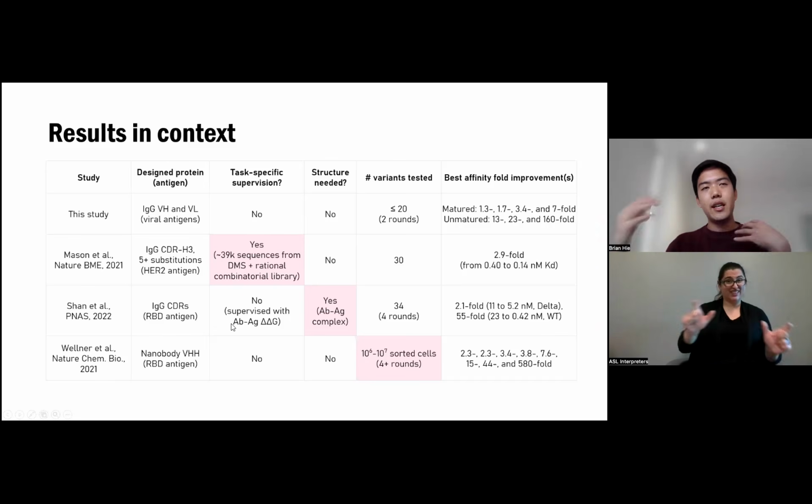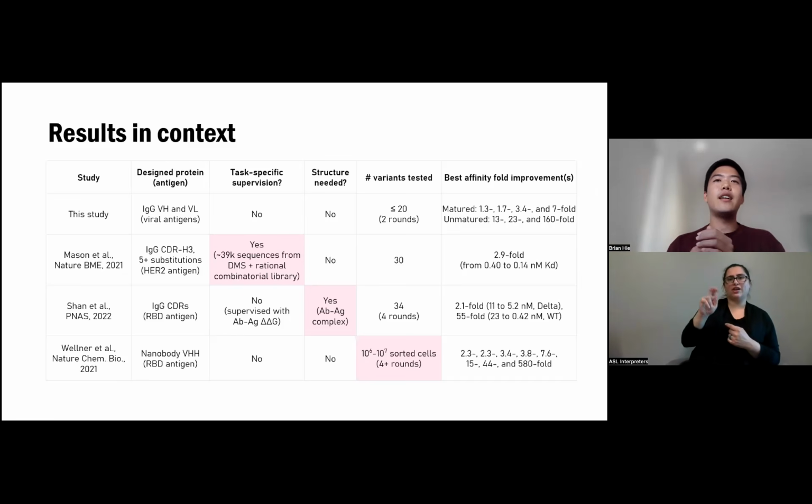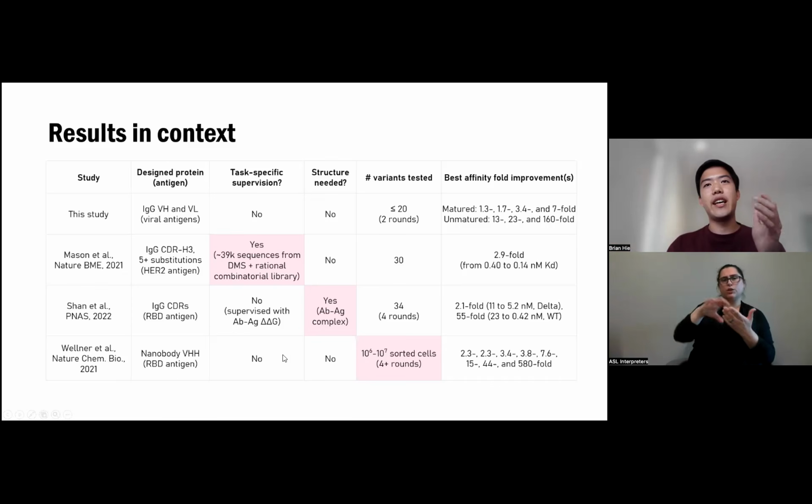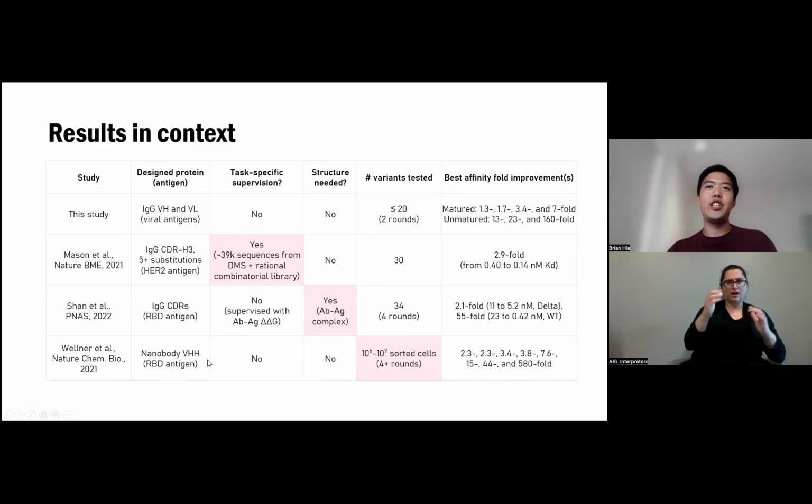Shannon et al. do this really cool geometric deep learning to predict binding affinity based on the antibody-antigen complex. There's this very cool continuous evolution method where you can continuously evolve, in this case, a nanobody, and they did it against SARS-CoV-2 RBD. And in all cases, these fold changes in affinity are 2.9 fold, 2.1 or 5.5 fold, and then 2.3 to 580 fold.